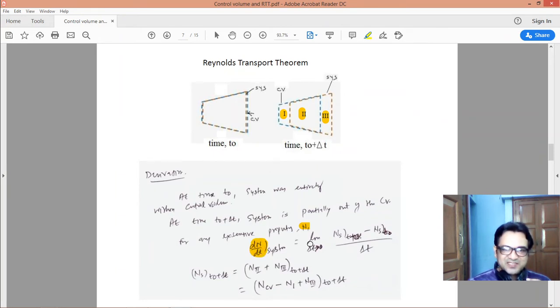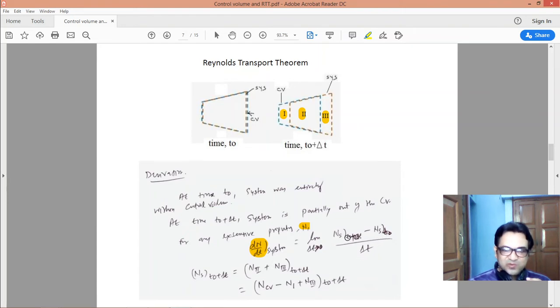We can express this in terms of a limit. Limit delta t tends to 0, of N_s, the extensive property for the system at t naught plus delta t, minus N_s at t naught, divided by delta t. This is the definition of the derivative. So we have to find out what N_s is at t naught plus delta t.